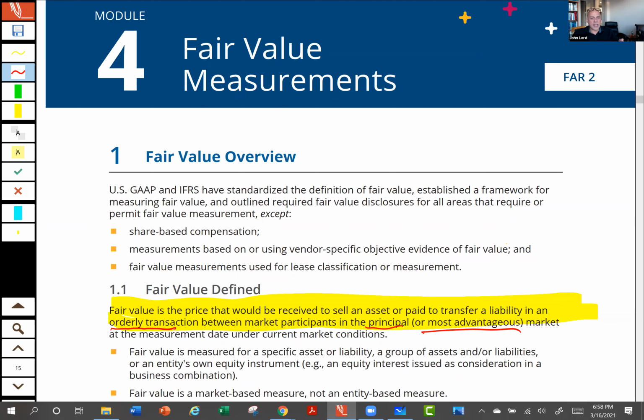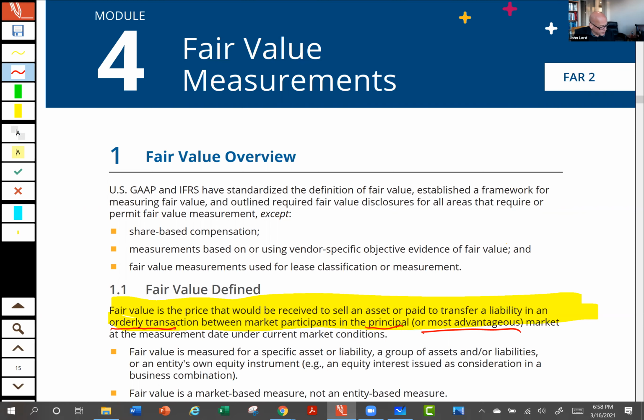With an orderly transaction, you have time to do what? You have time to market the item. You have time to take different offers. You have time to get the best price, etc., for that thing that you're selling, right? That's what they mean by an orderly transaction, okay?